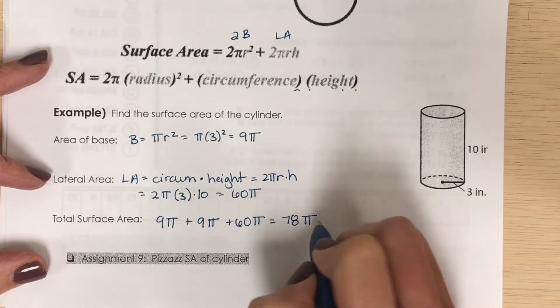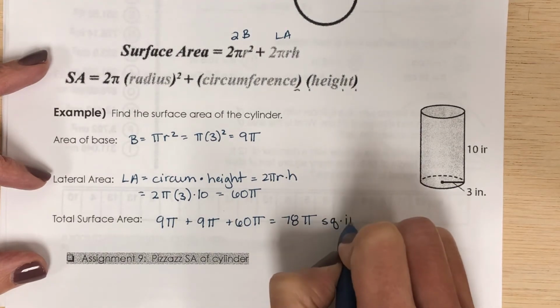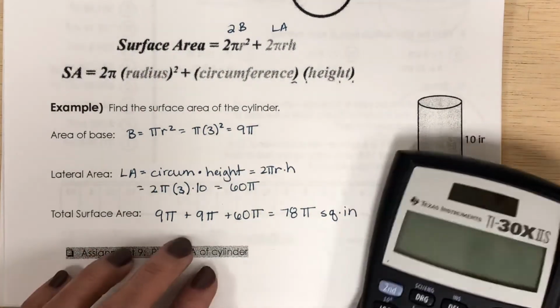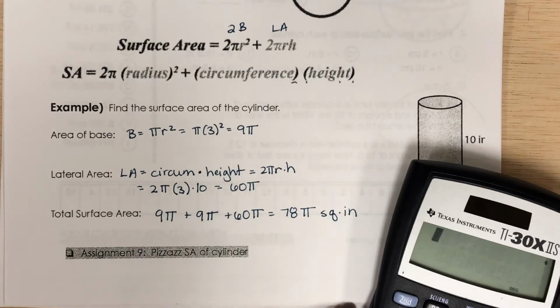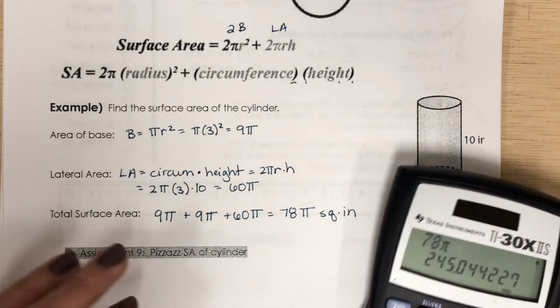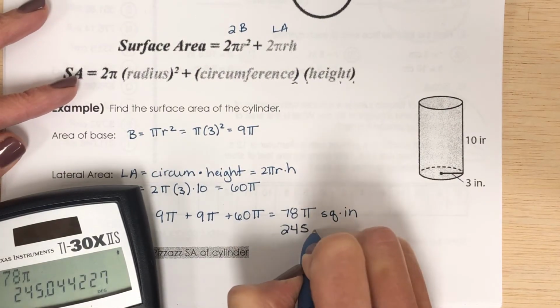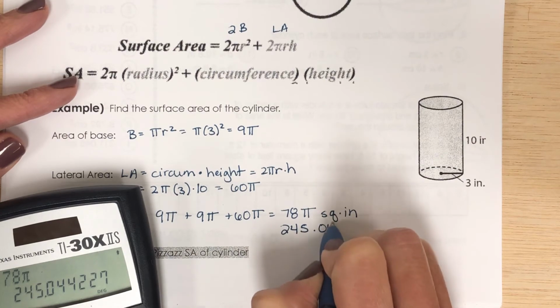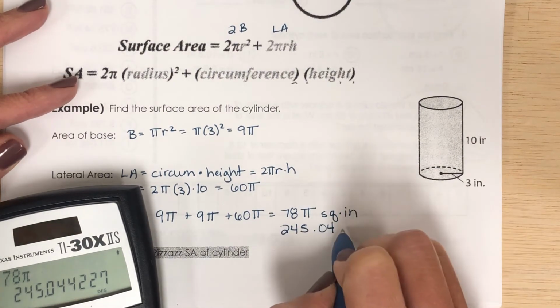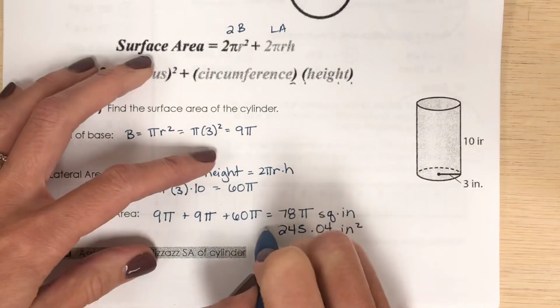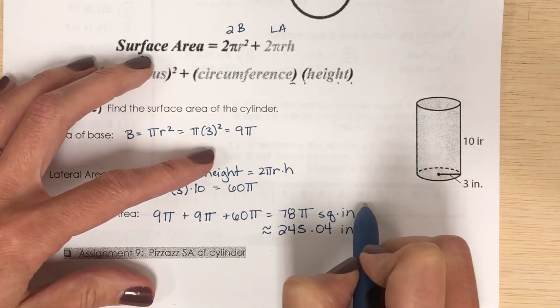And my units are square inches, or inches squared, because we're dealing with area. If I wanted to give an approximate answer, I would do 78 pi, which is 245.04. We'll go to the hundredth spot, square inches. So that would be my approximate answer.